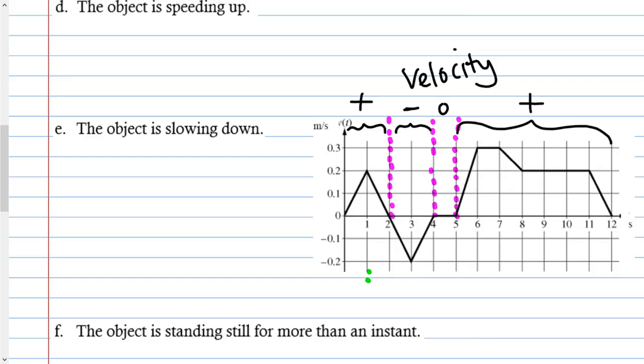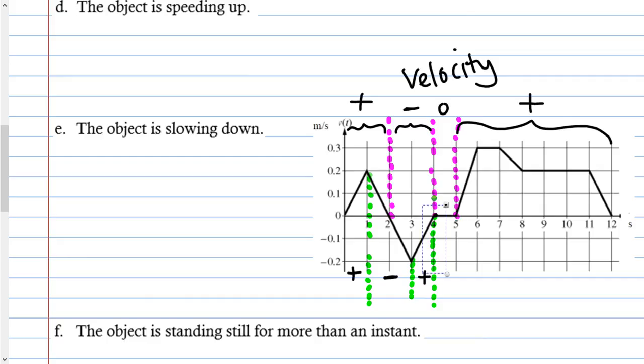So from 0 to 1, it is increasing. So therefore, it's positive. Okay, then I see that my slope is decreasing all the way up to right here. So that makes this negative. And then from 3 to 4, I need a highlighter again, my slope is positive again.